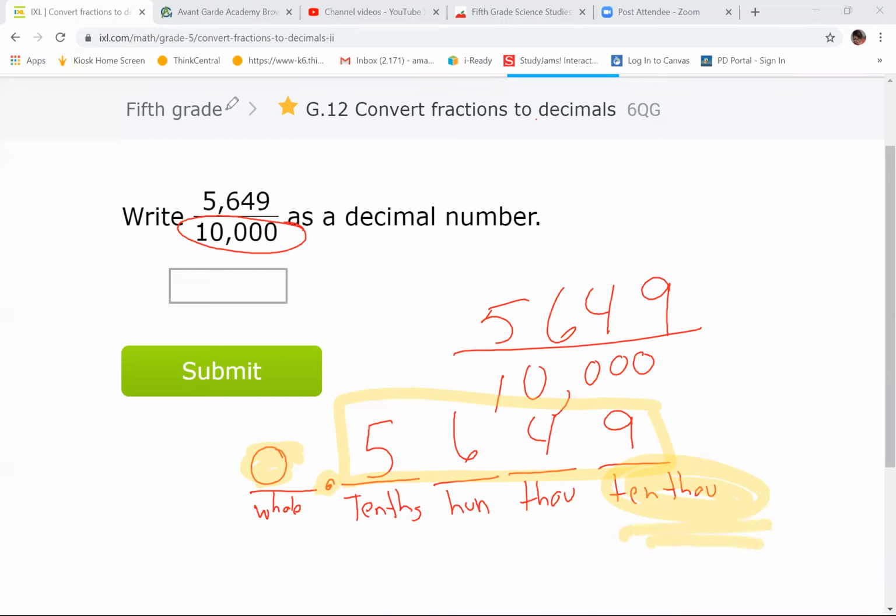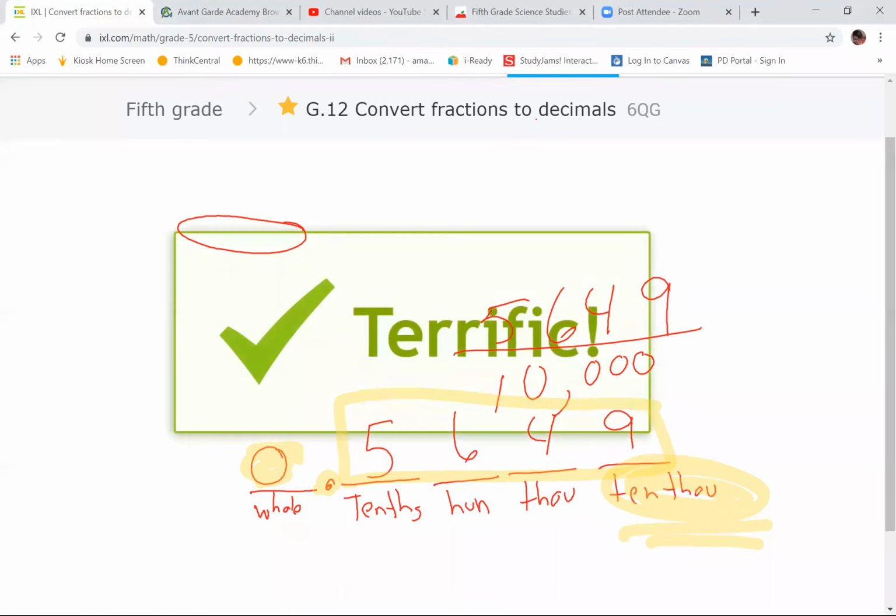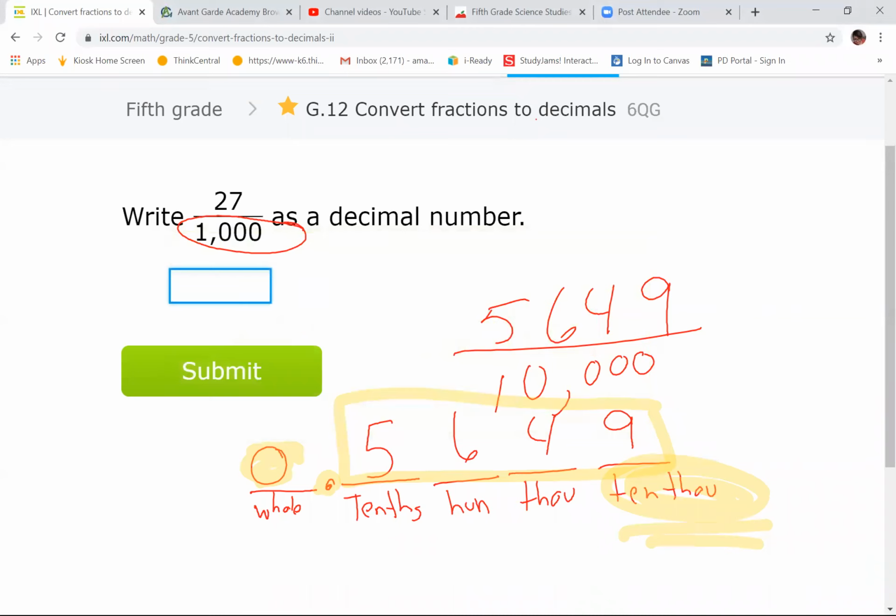Wow, okay, let's write that down there. 0 and 5,649 10 thousandths. Is that right? Uh-oh, wait, hold on. Tenths, hundredths, thousandths, 10 thousandths. Terrific. I had to double check.